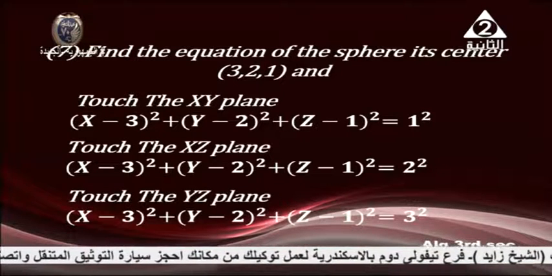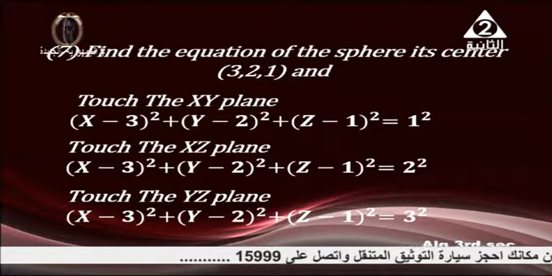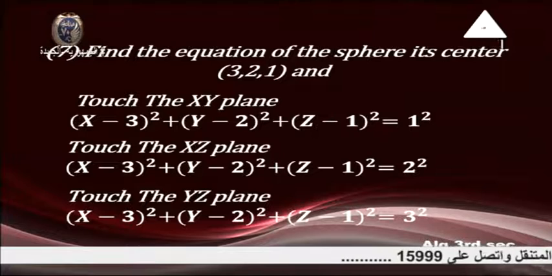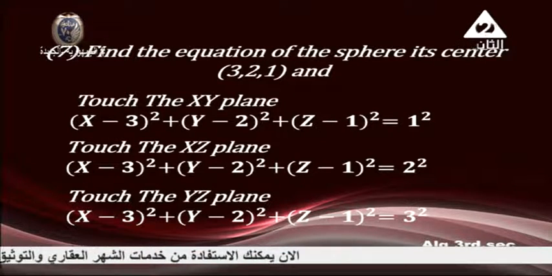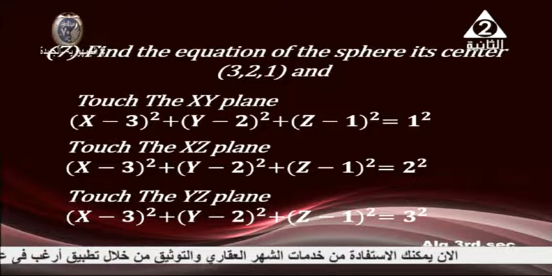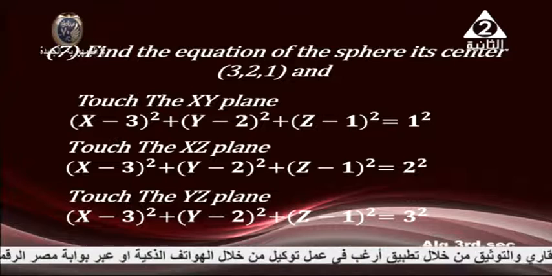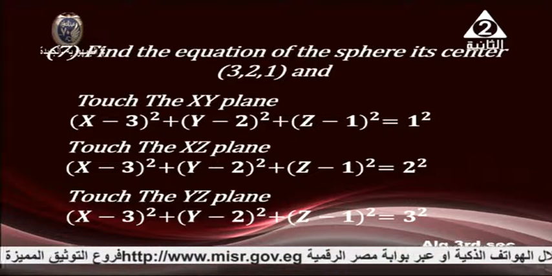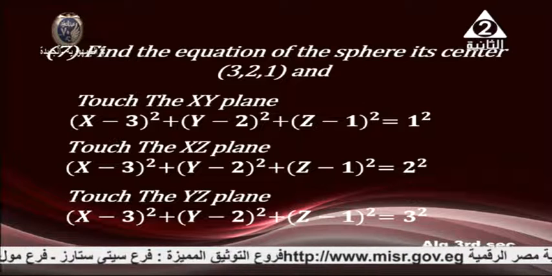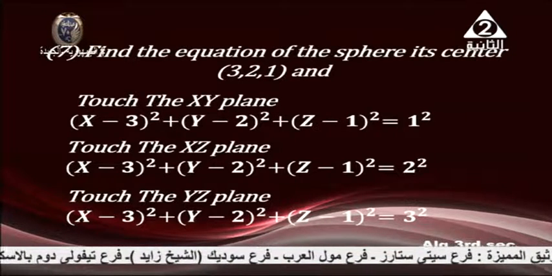Also, for the equation of a sphere with center 3, 2, 1 touching the yz plane, the radius is absolute 3. Therefore, the equation becomes (x minus 3) to the power 2 plus (y minus 2) to the power 2 plus (z minus 1) to the power 2 equals 3 power 2.